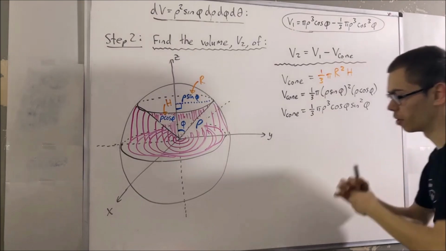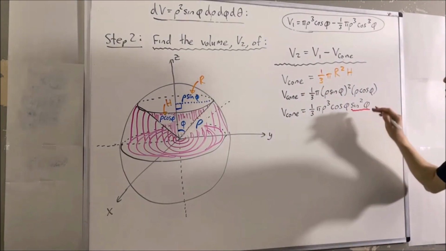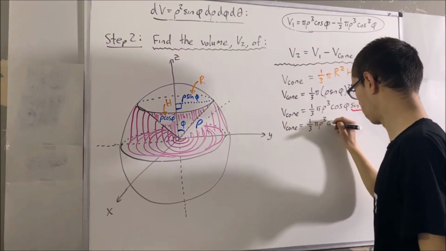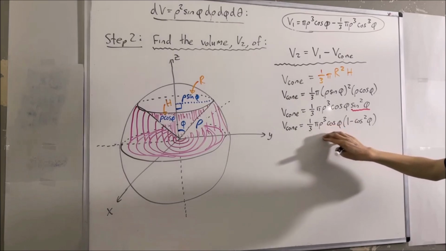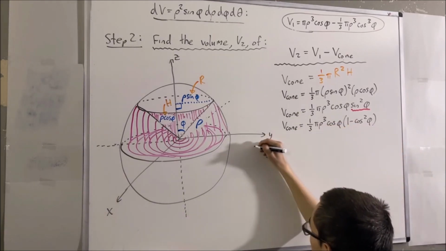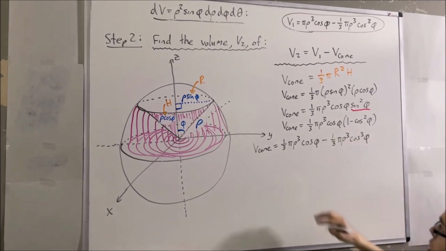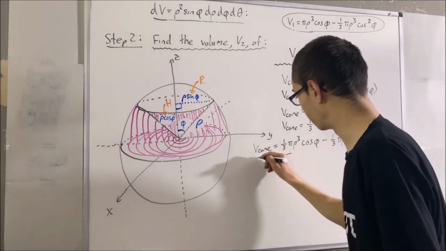And also, I'm going to rewrite sine squared phi as 1 minus cosine squared phi. And so now, I'm just going to distribute this thing across the parentheses. So this is what we get. So now we know what the volume of the cone is.